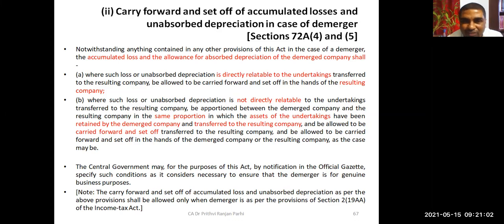Then this loss, that is unabsorbed depreciation or brought forward loss, can be distributed in some proportion. In which proportion? In the same proportion in which the assets of the undertaking have been retained by the demerged company and transferred to the resulting company. The way assets are distributed, in the same proportion the loss will also be distributed.